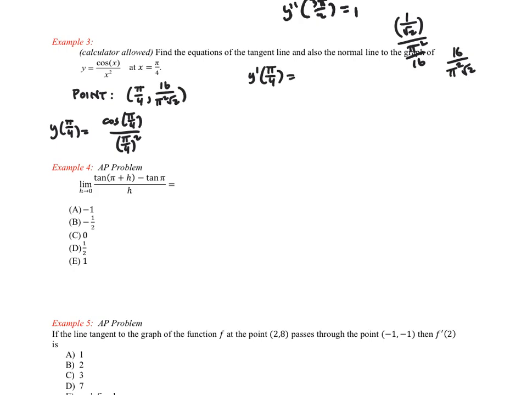So what I want you to do is in y1 enter cosine x over x squared. Okay, enter that into y1. I'm going to do the same right now. Just a heads up, always have your calculator in radian mode when you're doing this. Okay, I want you to press math 8.